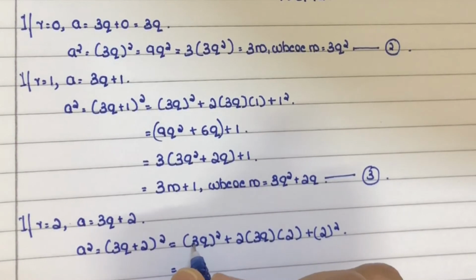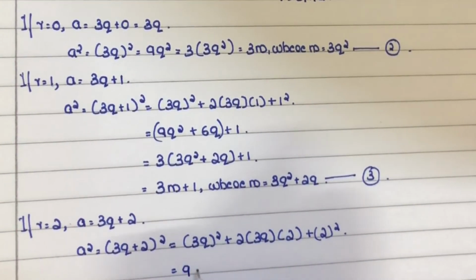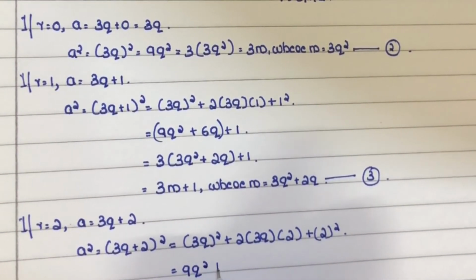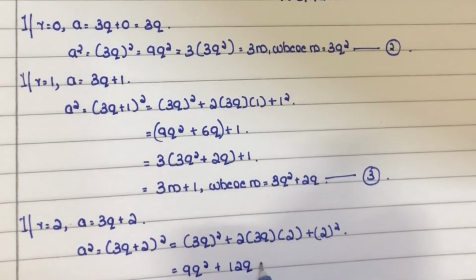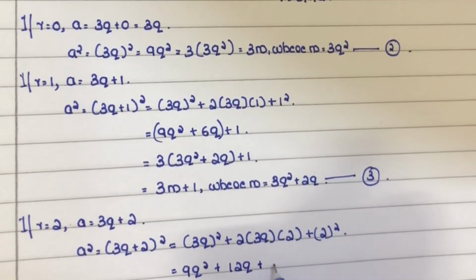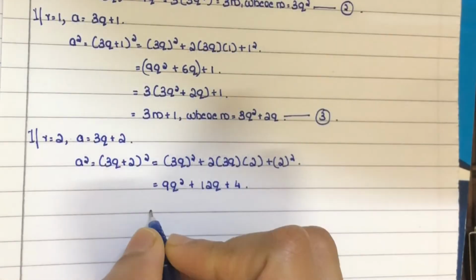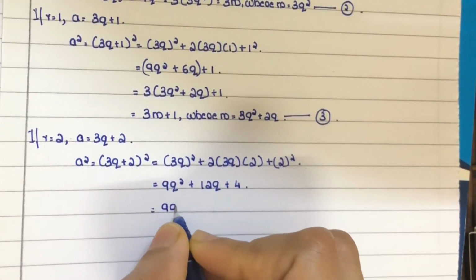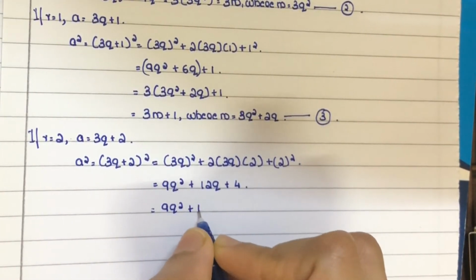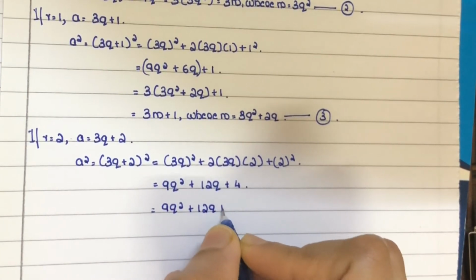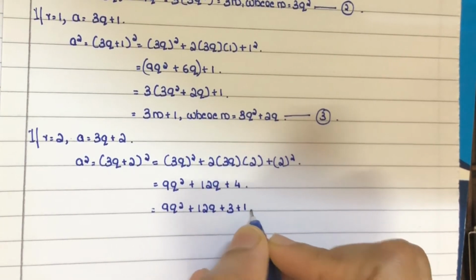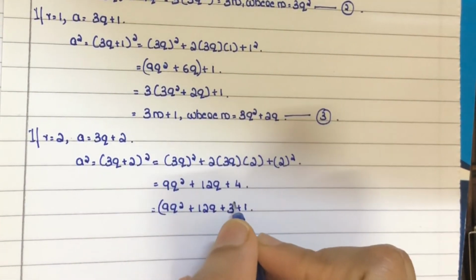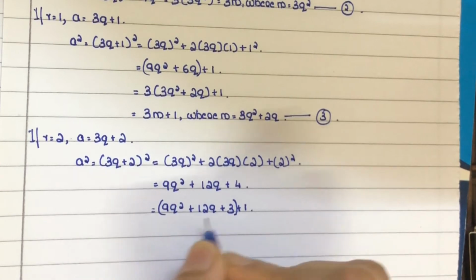3q whole square, that is 3 into 3, 9q square plus 2 into 3, 6, 6 into 2, 12q plus 2 into 2, 4, equal to 9q square plus 12q plus 4. 4 you can write it as 3 plus 1. Okay. Now consider this. 3 is common. So take it out.